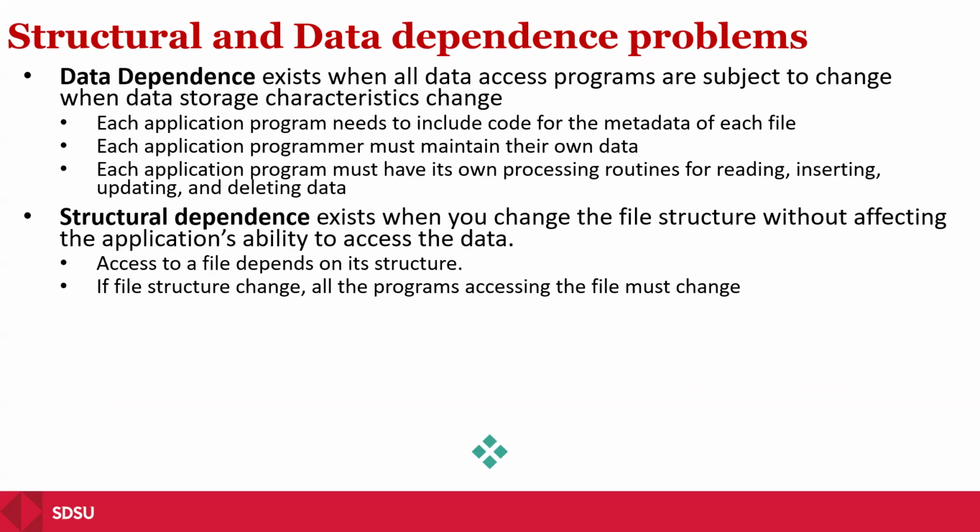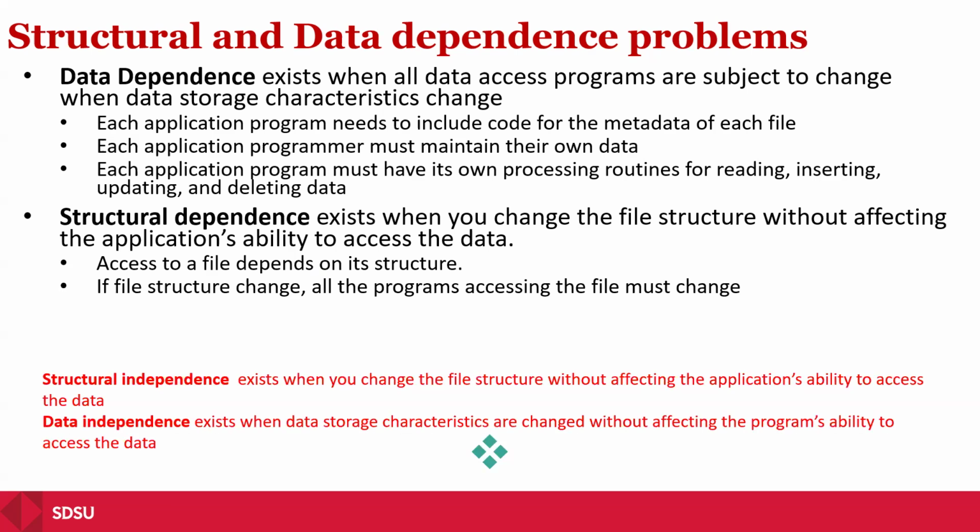Now, our goal is to have data independence and structural independence. Here is what structural independence is. It exists when you change the file structure and you don't need to change any programs that access the file.